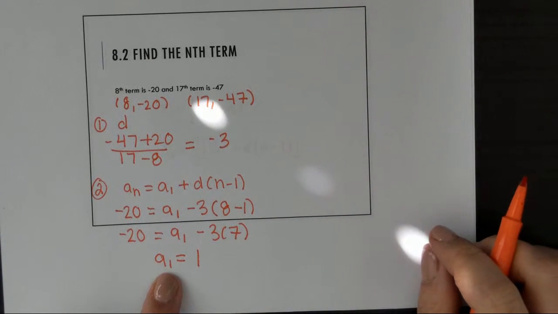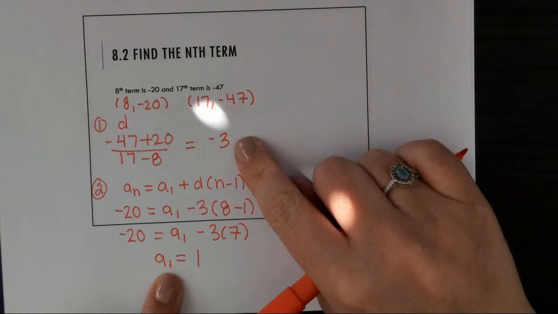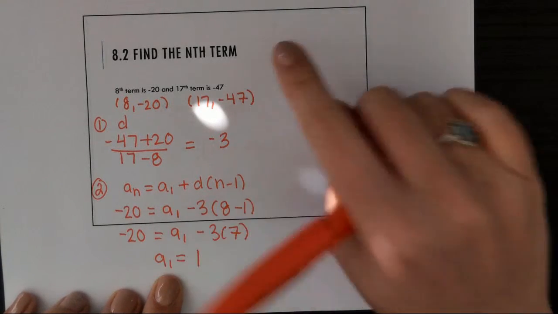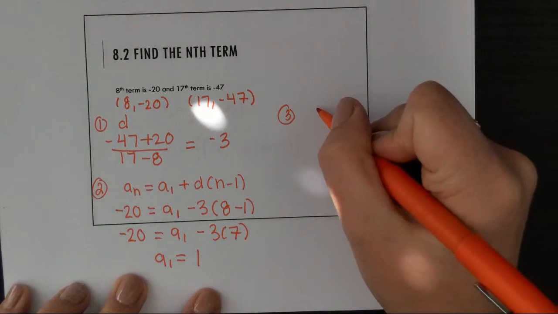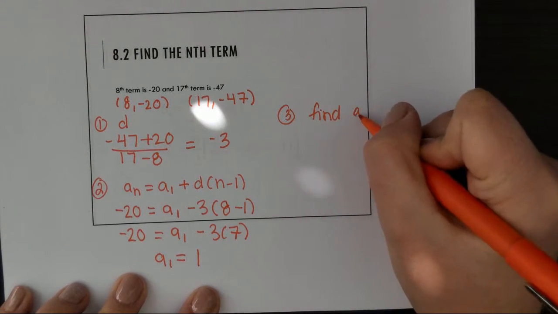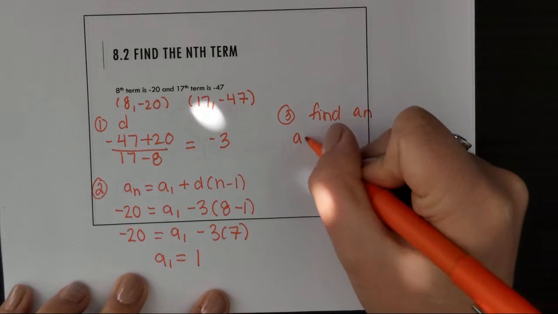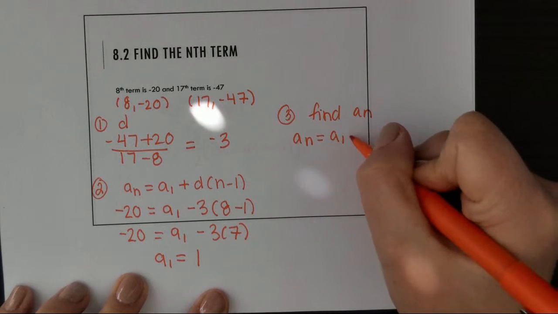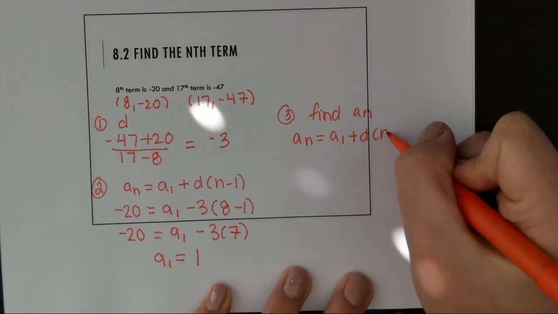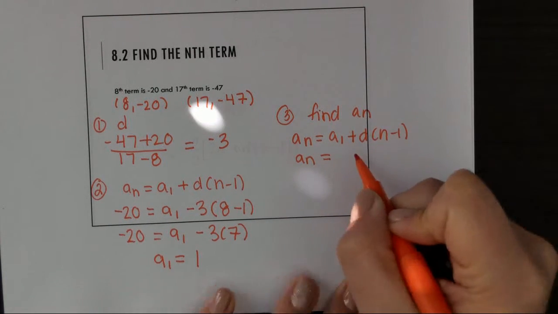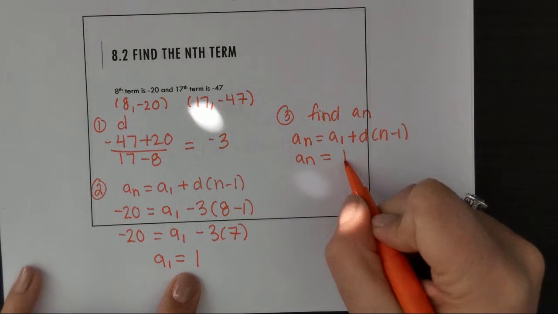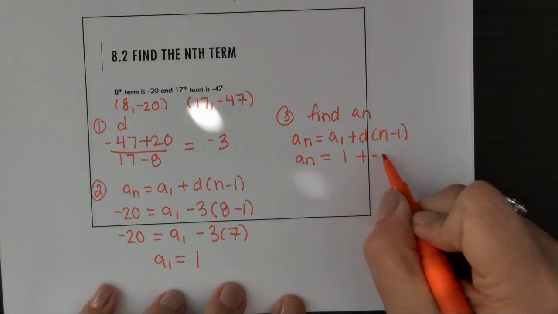Now we know our first term, and we know what our common difference is. So we can find our nth term. So we're going to find a sub n. So a sub n equals a sub 1 plus d times n minus 1. And that's going to be a sub n equals, our first term we found was 1, plus our common difference is negative 3.